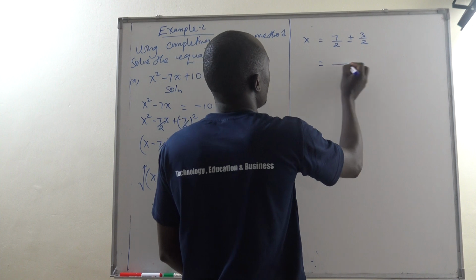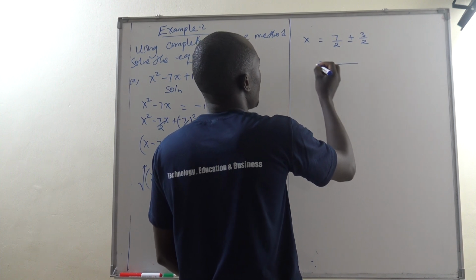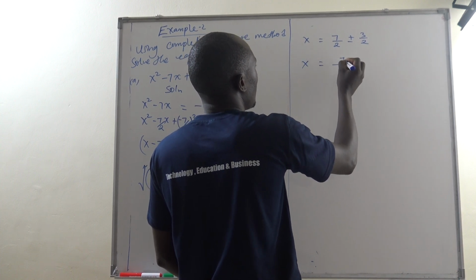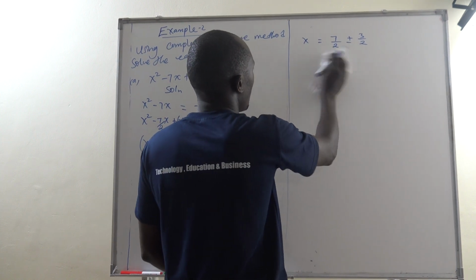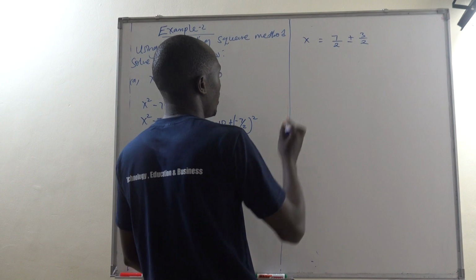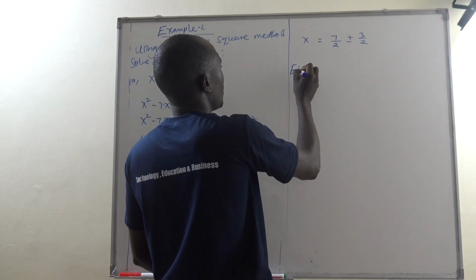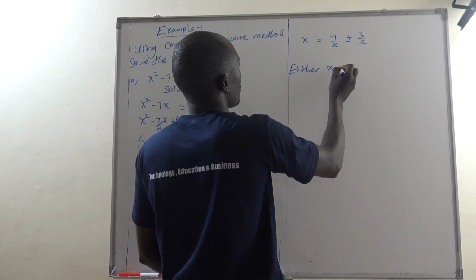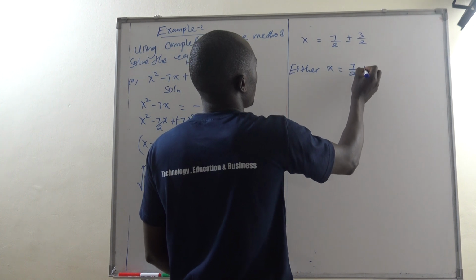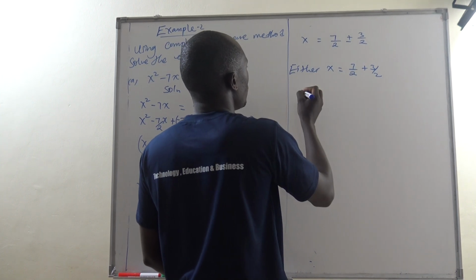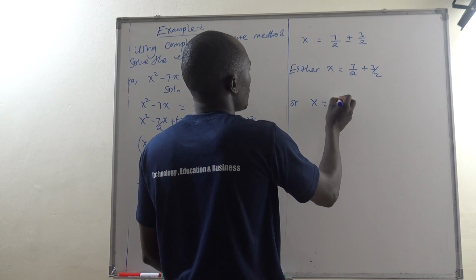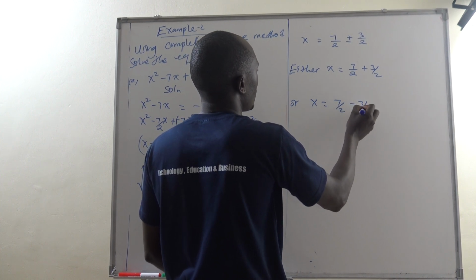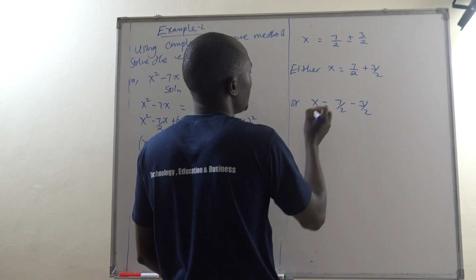What does it become? The LCM is already there. That means x equals, you can start by saying either x equals 7 out of 2 plus 3 out of 2, or x equals 7 out of 2 minus 3 out of 2. We go ahead.